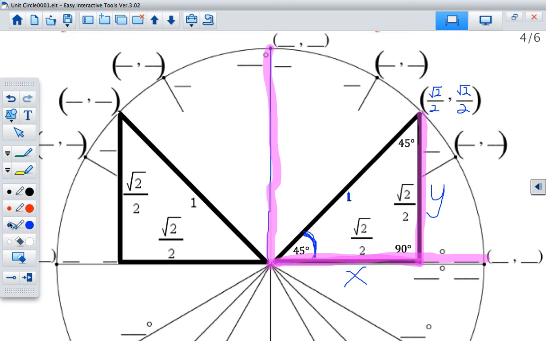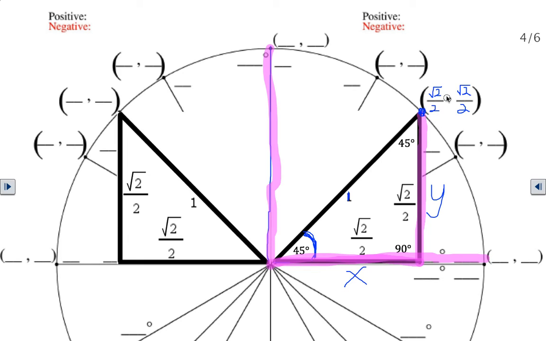So not only do we know that this point here has the x value of square root of 2 over 2 and the y value of square root of 2 over 2, but we also know that for this line, the x value is 1 and the y value is 0, and then all the way up here, our x value is 0 and our y value is 1. And if we kept on going around, all the way over here, this time our x value is -1 because we're on the negative x-axis, and the y value is 0.